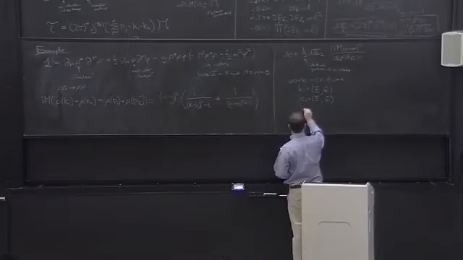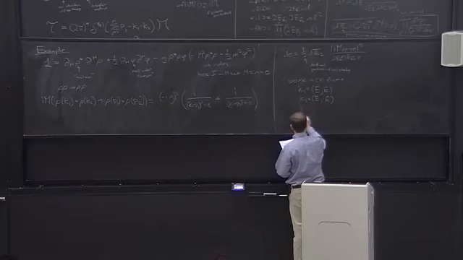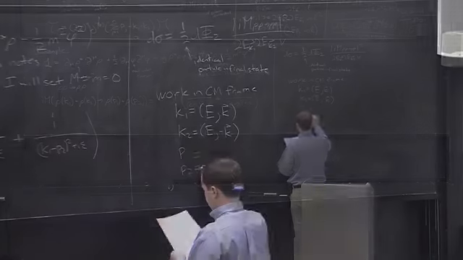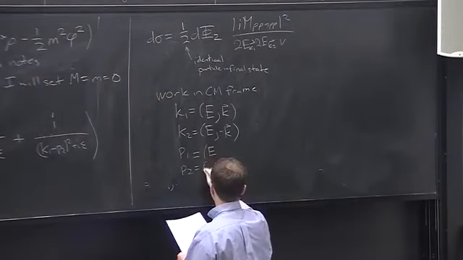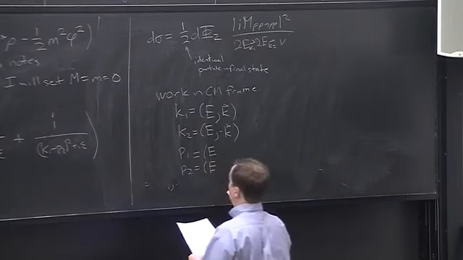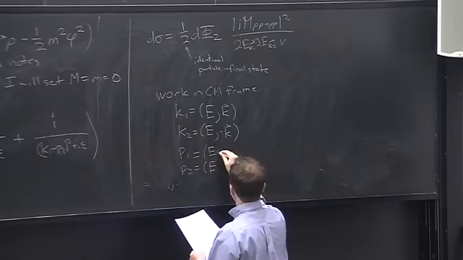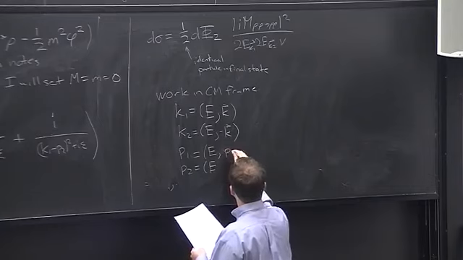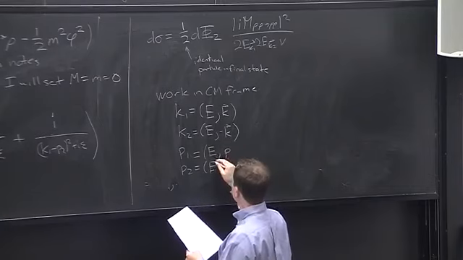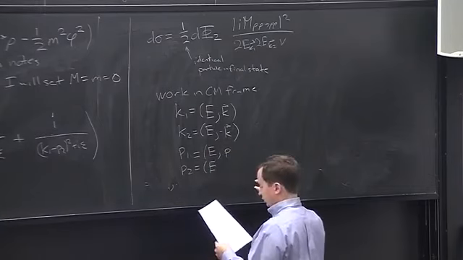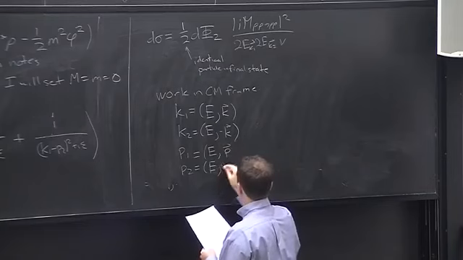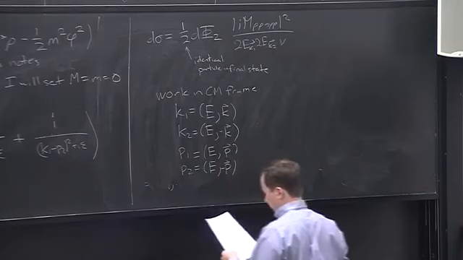And similarly, p1 and p2 have to also have the same energy as each other and as the initial particles, because their energy is half of the total energy. And they have, again, equal and opposite three-momenta.